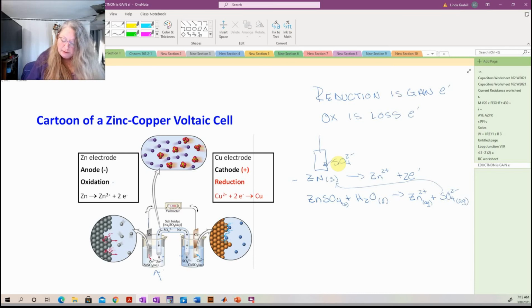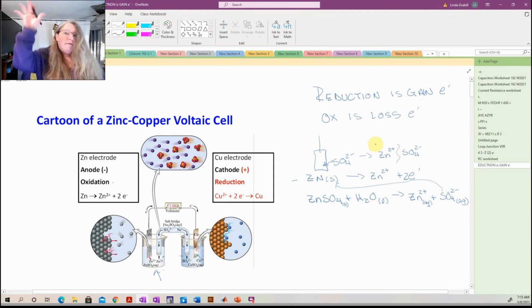So zinc gets encouraged to leave, and off pops from my anode my Zn2+. That's now going to happily float around with my SO4 2-. Keep in mind, these two things are still staying separate, but it is this electrostatic attraction that encourages the zinc to jump off the metal and become its ionic state.